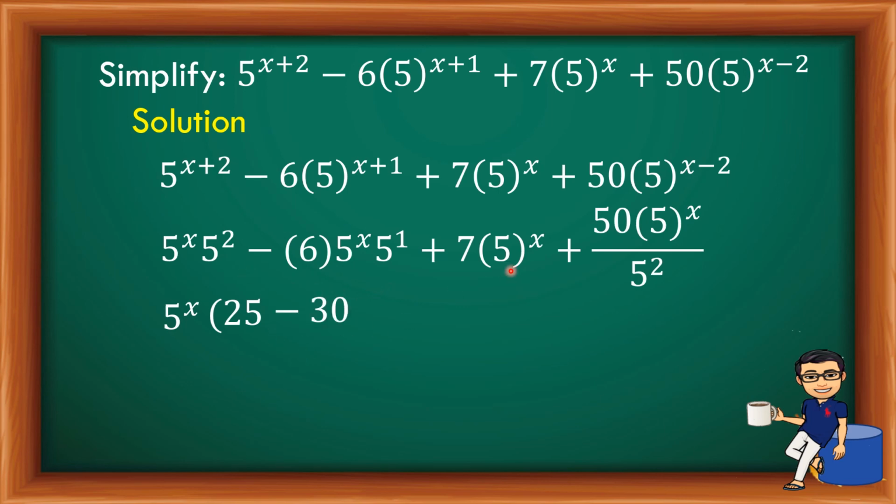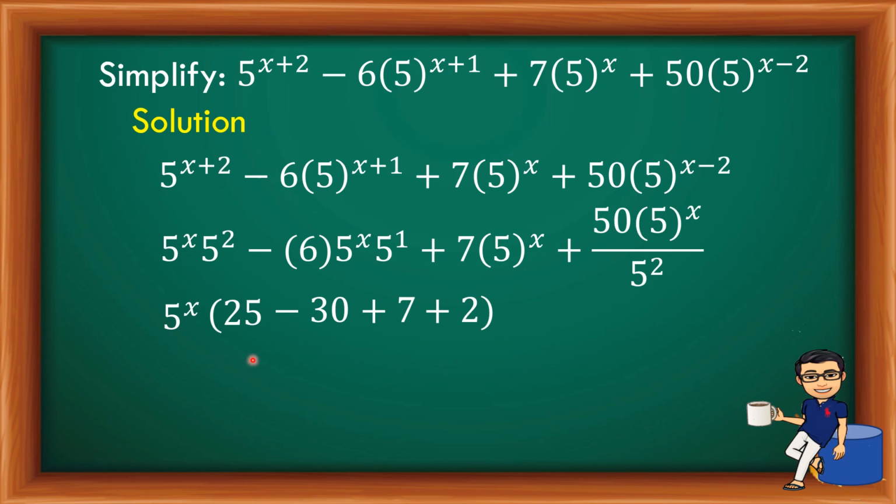Then on this term, we have 5 raised to x here. So what remains is plus 7. And on the last term, we have 5 raised to x here. Then 50 and 5 raised to 2. And 5 raised to 2 means 25. Therefore, 50 divided by 25 is 2. That's why we have plus 2 here.